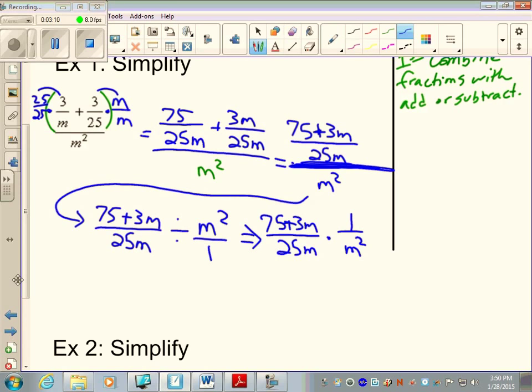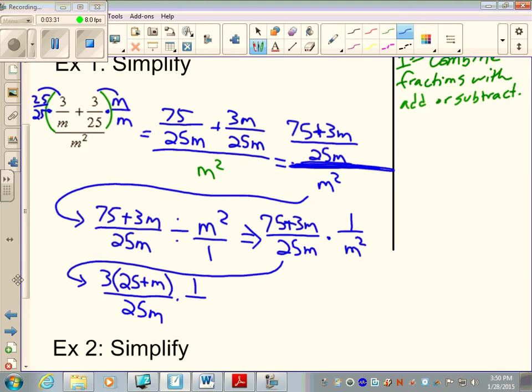Now we factor every numerator and denominator separately, what you did in 6D part 2. The first, 75 plus 3m, I can factor out a 3. Everything else is a monomial, so I cannot factor it.